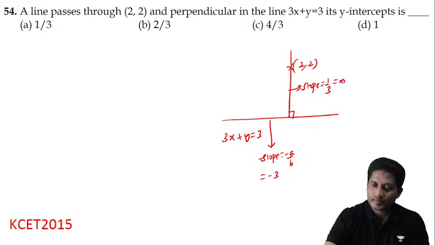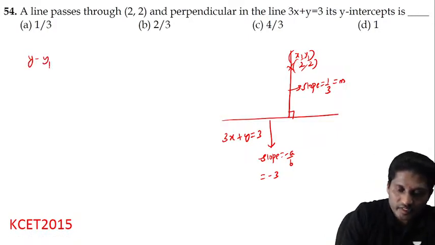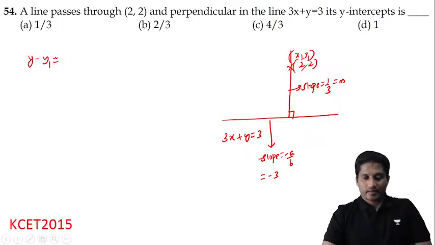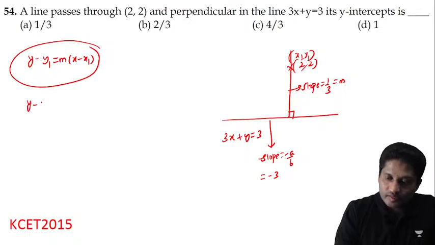Knowing the slope, you know the point. Equation of the line is y minus y1 equal to m into x minus x1. Y minus 2, slope m is 1 by 3, into x minus 2.